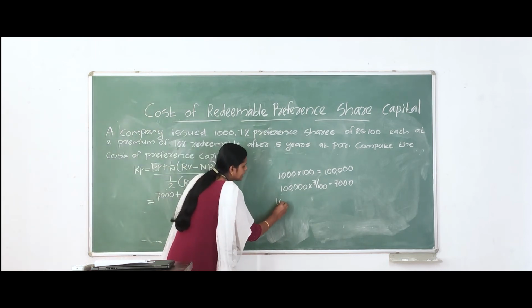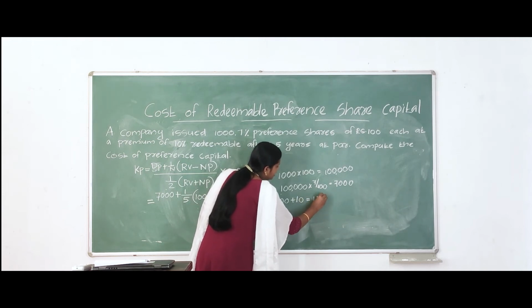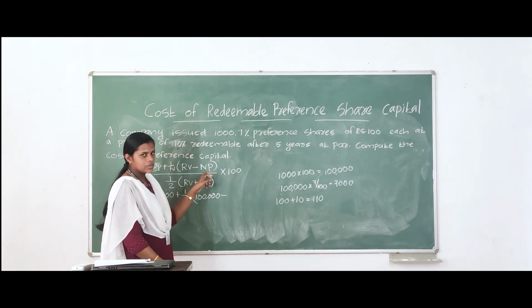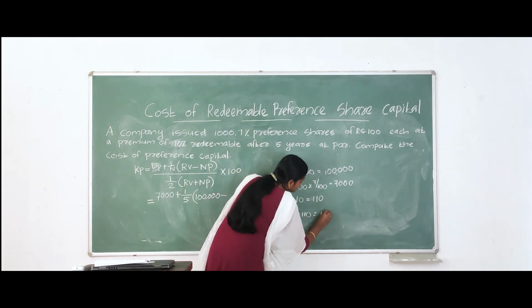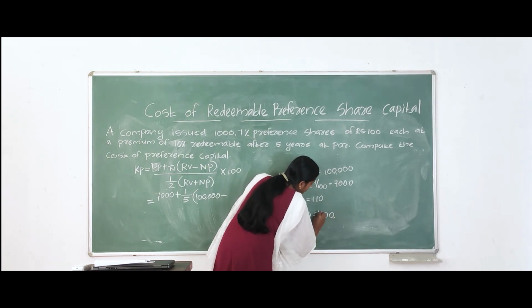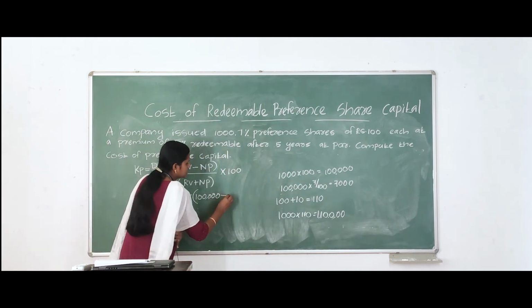So the 100 becomes 100 plus 10, that is equal to 110. So the net proceeds will be number of shares, that is 1,000 into 110. So the net proceeds will be 1,10,000.